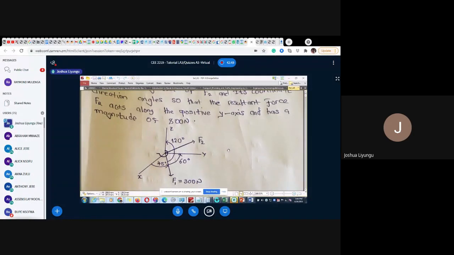The first thing, what do we do? This was a quiz. People failed to calculate that. Once you have been given the angles, which equation are you supposed to use so that you can get the force? Or how do you get the direction angles?